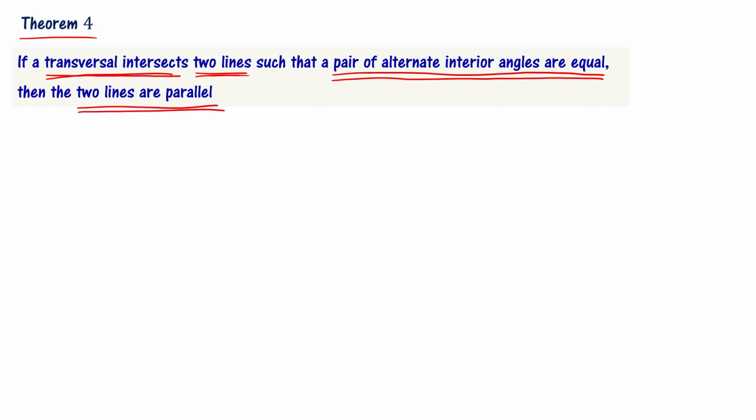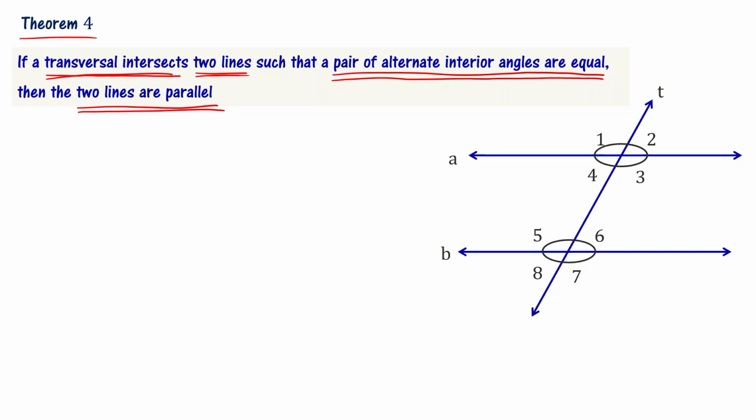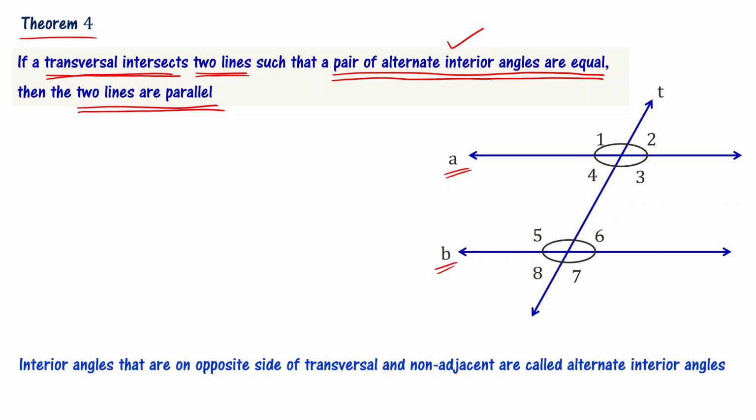ఈ థియరం అది చెప్తుంది. ఓకే, let's say I have a figure like this. ఓకే, A and B అనేవి two lines. ఇవి parallel lines కాదా అనేది మనకు ఎలా తెలుస్తుంది అంటే we have to see whether pair of alternate interior angles are equal or not. ఓకే, alternate interior angles ఏంటి? They are on the opposite side of the transversal and non-adjacent. ఇంటీరియర్ యాంగిల్స్ తెలుసు మనకి 3 and 4, 5 and 6, these are the interior angles, right? అందులో the angles that are on the opposite side of the transversal and non-adjacent, these are called alternate interior angles.